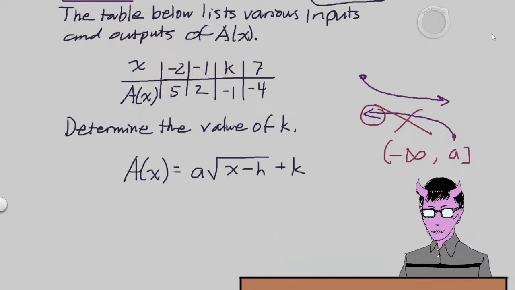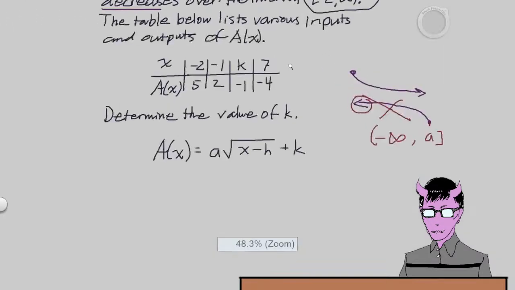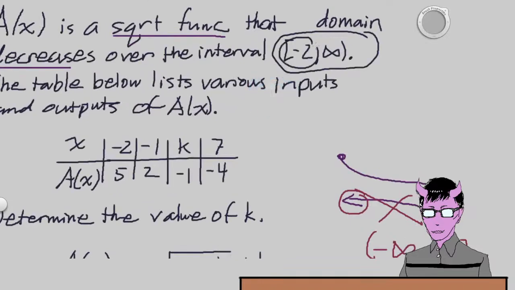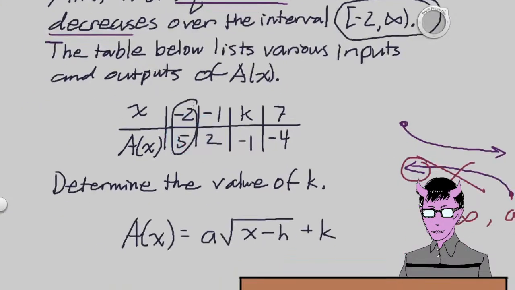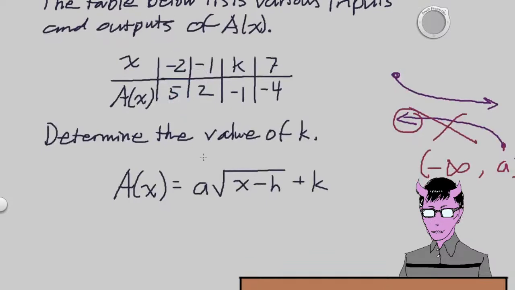Okay. So if we know that this -2 is absolutely the start, this is absolutely the first number you have for the domain, so therefore this is the tip point of the function, right? So can we just simply put a +2 here?